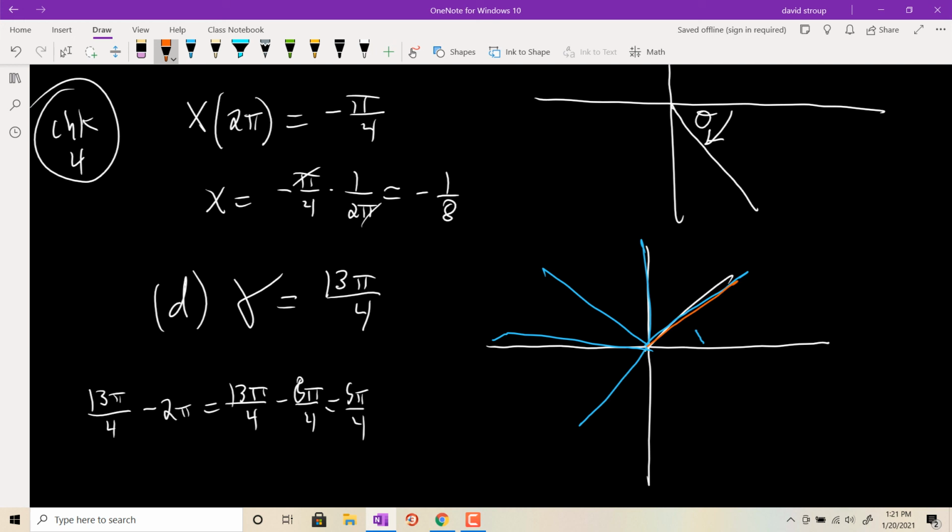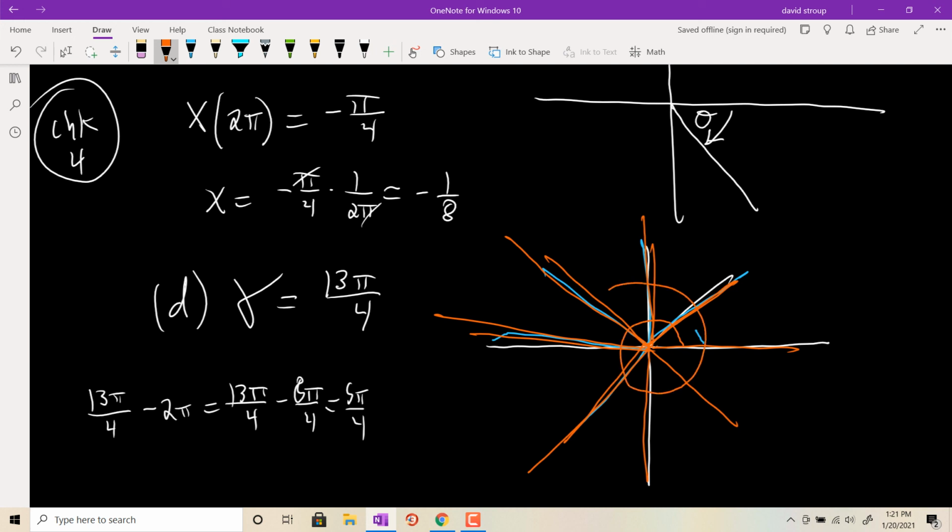So here's 1, 2, 3, 4, 5, 6, 7, 8, 9. I'm redrawing 10, 11, 12, 13. Yeah, so I ended up back where I wanted to. If you were watching what I traced out, I'm going all the way around, and then I came back around to right here. And that gives me the angle 13 pi over 4, which was coterminal with 5 pi over 4.